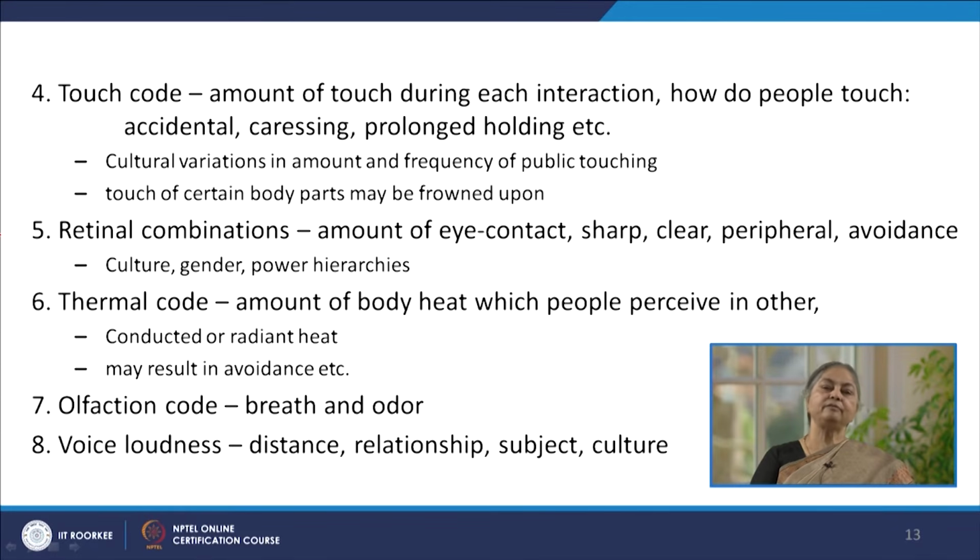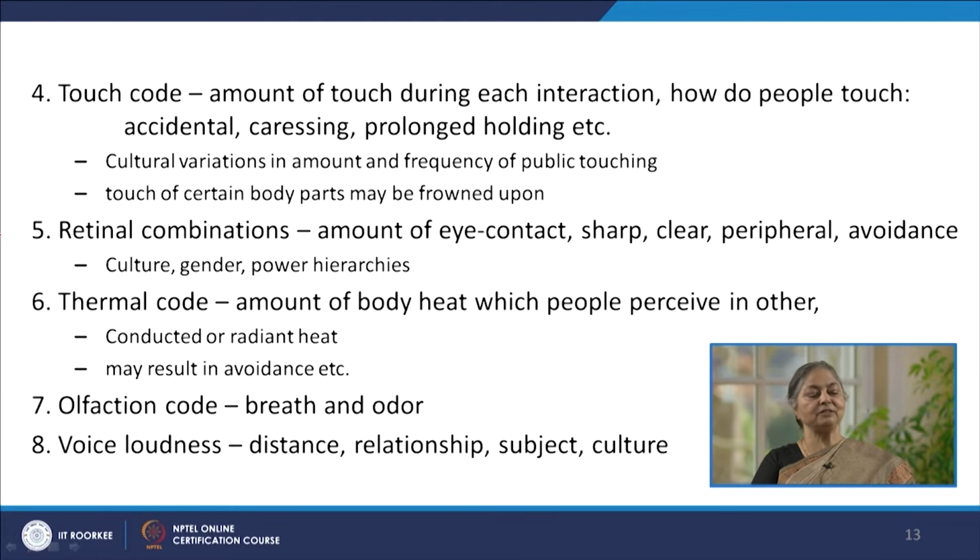So, the amount and frequency of touching each other in public is conditioned by our cultural understanding, and at the same time which body part is being touched upon is also decided by our cultural understanding. As we shall see in our further discussions, particularly our discussions of haptics, we would look at how in certain cultures touching overhead is considered to be inauspicious.